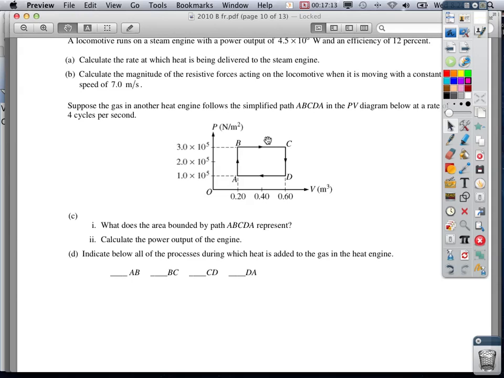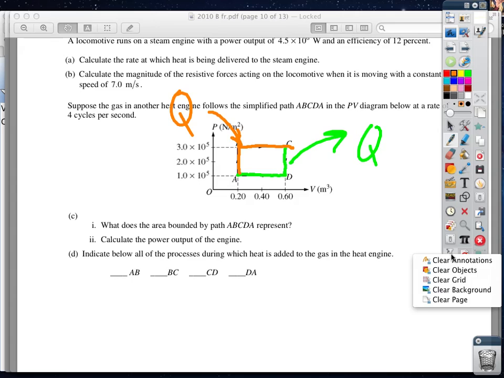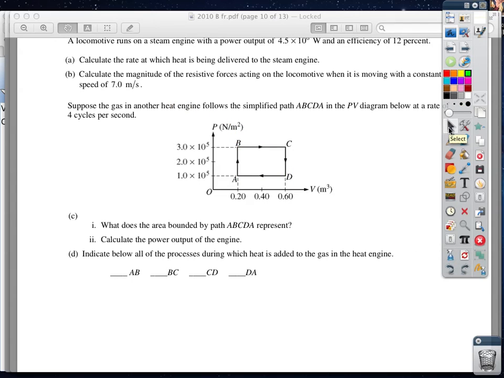And this part, we talked about heat was removed. So it just makes sense that this part is where heat was added. So hopefully that makes sense to you.